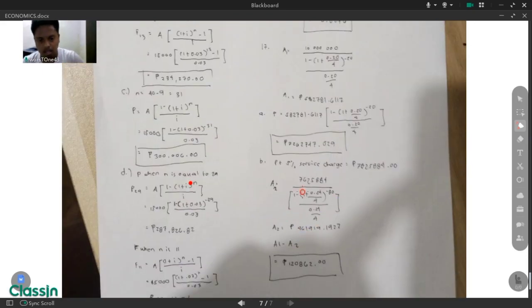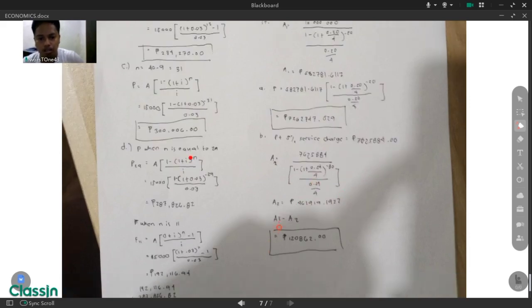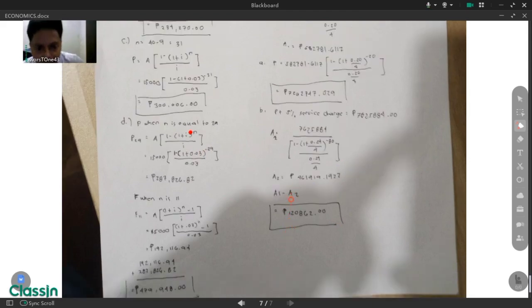Plugging in the values, we have as the payment for the refinance per quarter for 20 years 461,919.1922 pesos.